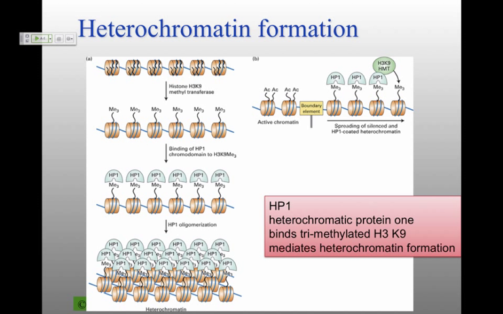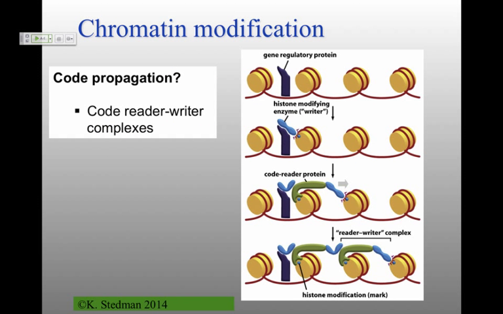But as always in biology, it's more complicated than that. So it turns out that what we have is multiple combinations of these binding proteins and modification proteins. And very often, these are going to be starting out with one specific gene regulatory protein. So in this case, we've got a gene regulatory protein that interacts with something like that histone H3K9 methyltransferase.